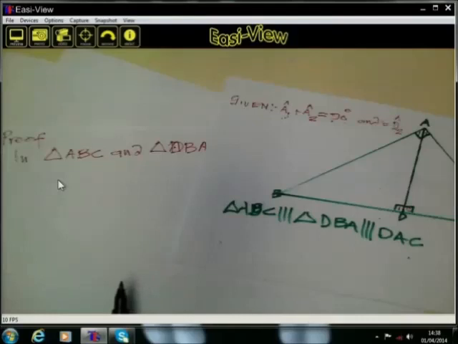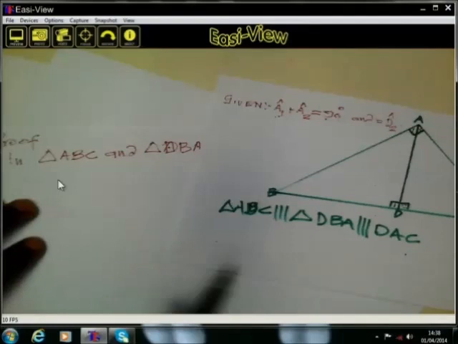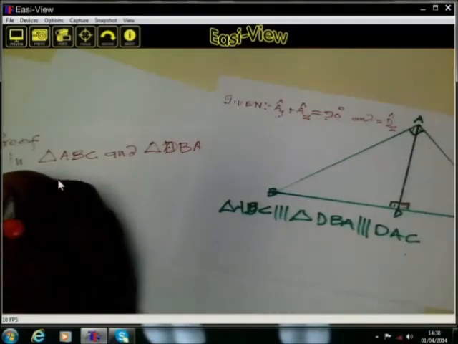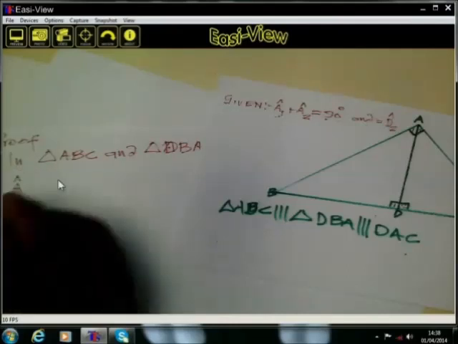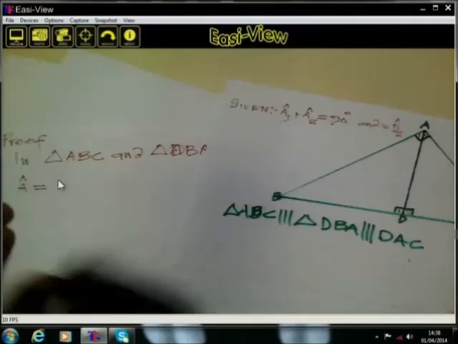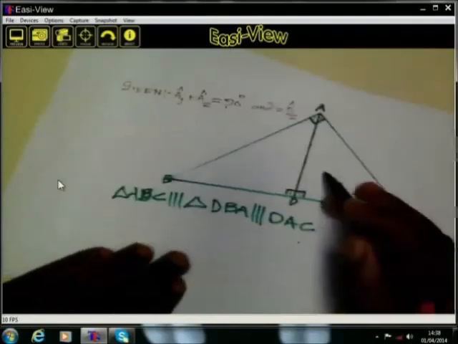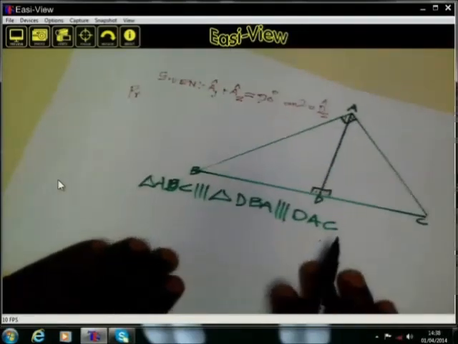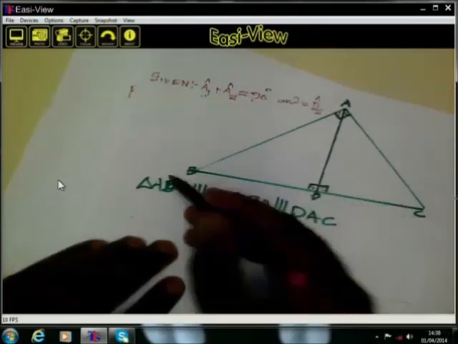The first thing that we can talk about, for the bigger triangle ABC, is angle A. Angle A in the bigger triangle, that is this angle, will be equal to D1 of DBA.